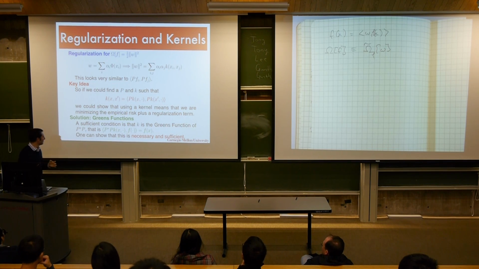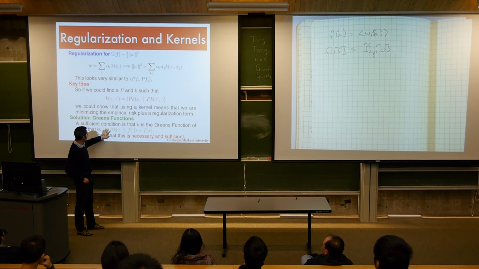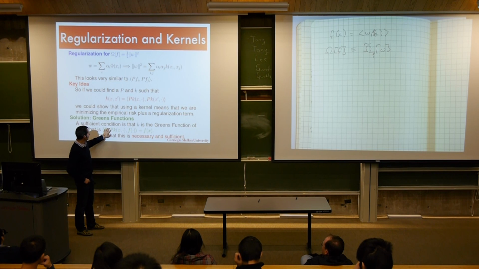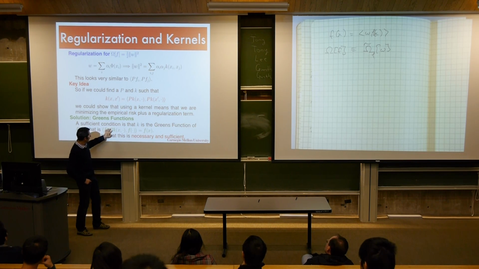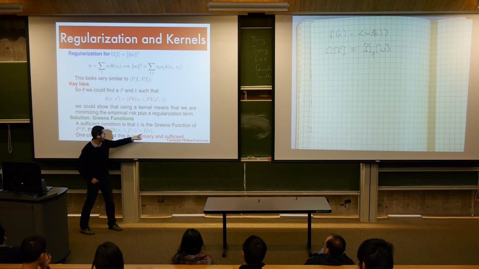So this is how it works. I basically take the Green's function for P transpose P, the adjoint, and pick a function k such that this condition holds, namely P transpose P k of x and dot, applied to f, is f of x.